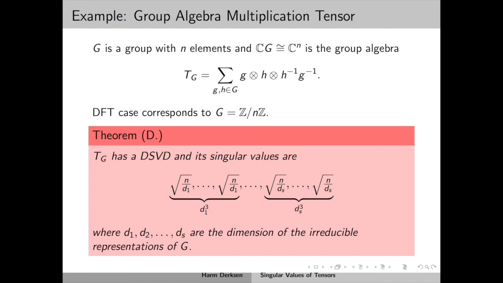And the singular values are as follows. You have to look at the dimensions of the irreducible representations of G. Then n over square root of d_i appears with multiplicity d_i cubed.